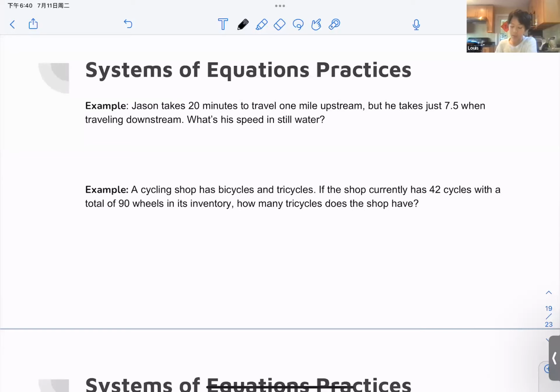So I have these 2 problems. You guys can try to solve these in 2 minutes.